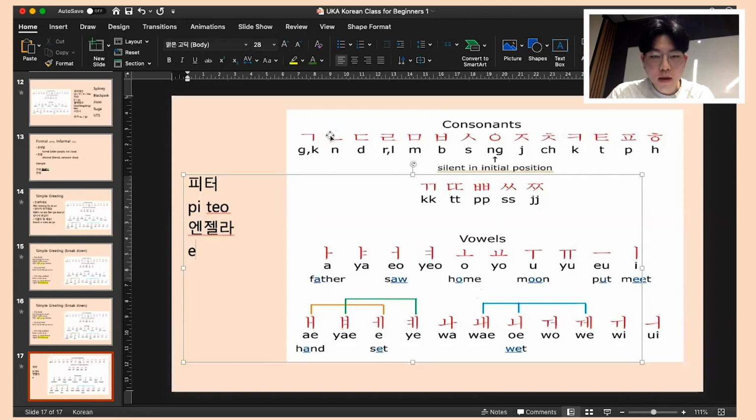N sound, so that's the N. Okay, this one's a little bit messy. J, E, L. J-E-L and J. The last one, L, and the A. Angela.